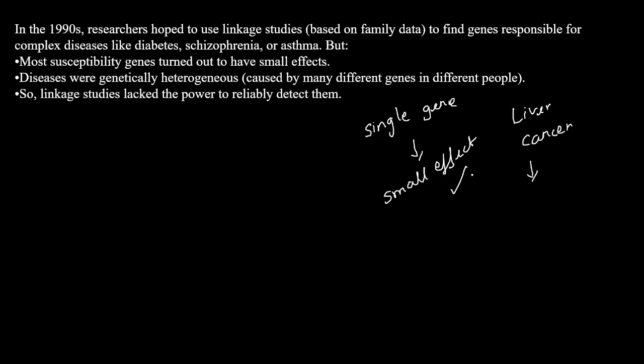What happens in linkage analysis? You find out that a particular gene is creating a problem. For example, in cystic fibrosis, you know this is the gene creating the problem, and this gene has a very large effect.